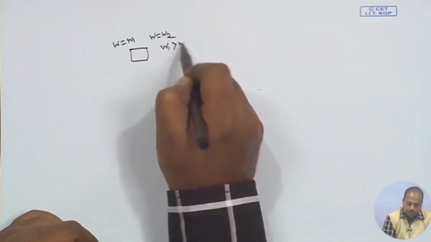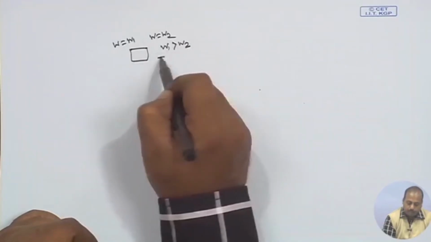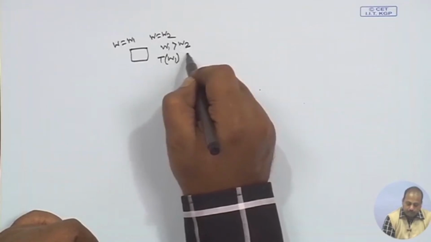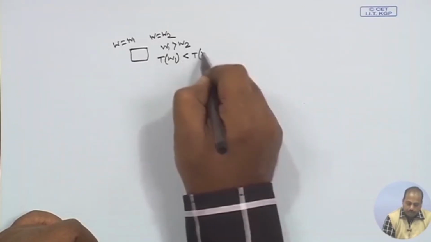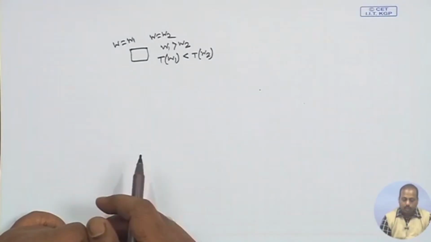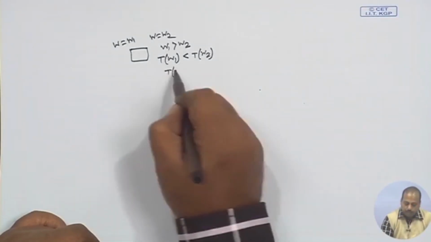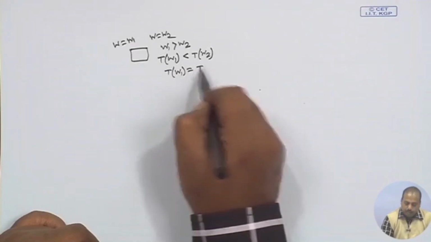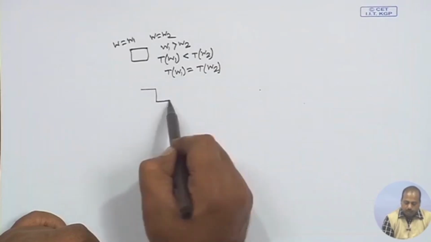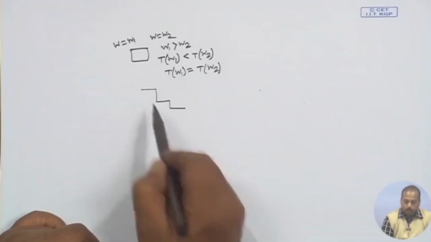If w1 is more than w2, then the corresponding test time t of w1 is naturally expected to be less than t of w2. Now, we have seen that due to Pareto optimality, this does not always happen. In many cases t of w1 remains equal to t of w2, so we get this staircase type of behavior.